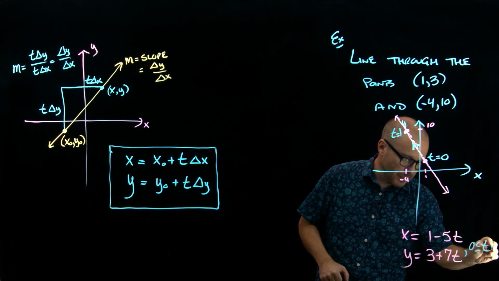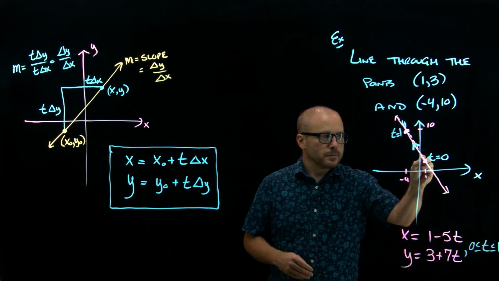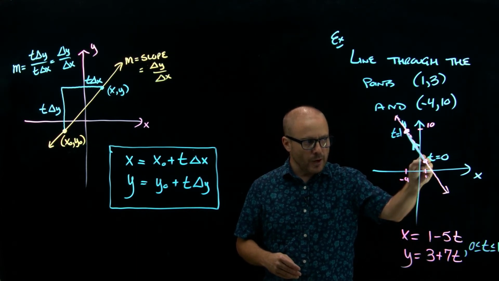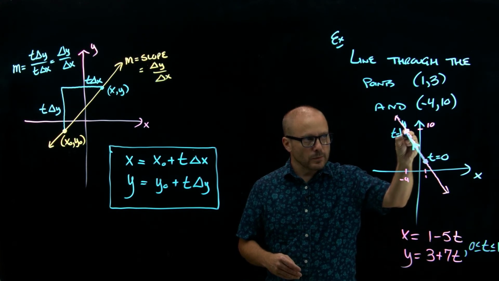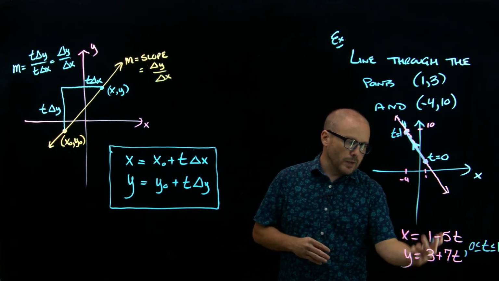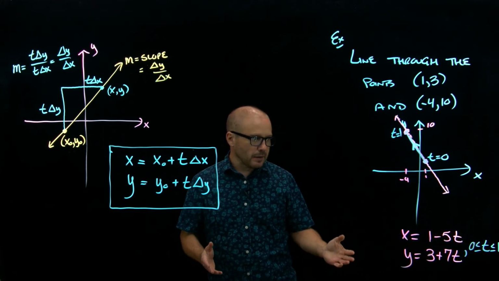So if I put this on there, then I don't get the line. I just get the line segment. So it would just be from t equals 0 to t equal 1. So it's simple to turn a line equation into a line segment equation. So simply with that domain restriction.